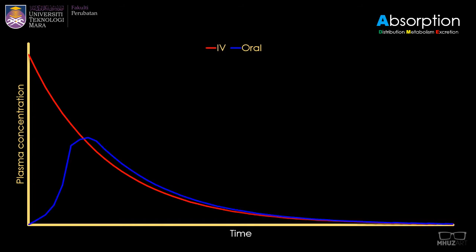Compare that to the orally administered drug that we've seen a few times before. There is an absorptive phase before the drug is metabolized and excreted as per the intravenously administered drug.